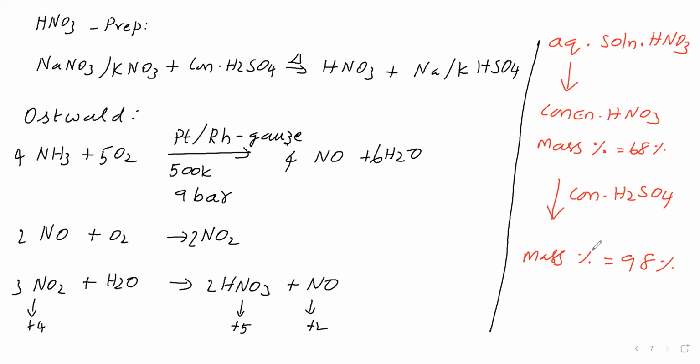Okay, next we will see about commercial nitric acid. Commercial nitric acid appears yellow in color. Even in the laboratory, concentrated nitric acid is colorless only. But if concentrated nitric acid is left without usage for 1 or 2 years, you will see that it appears yellow even in the school lab.